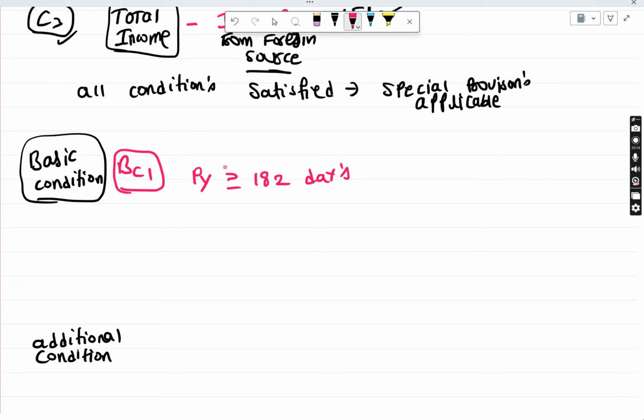Then we will consider this basic condition 1 as satisfied.